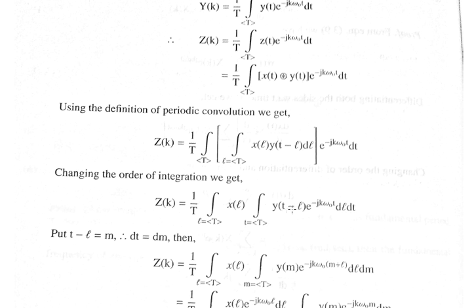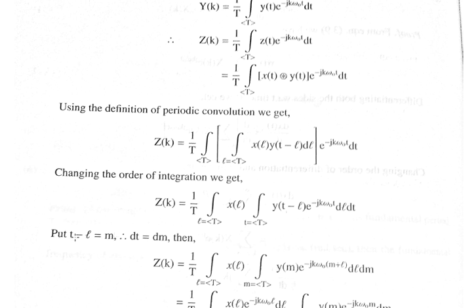So let's substitute this t minus L as m. When we do that, dt is equal to dm, the differentiation, and this part would be as it is. And when I substitute this t minus L as m, this becomes m.